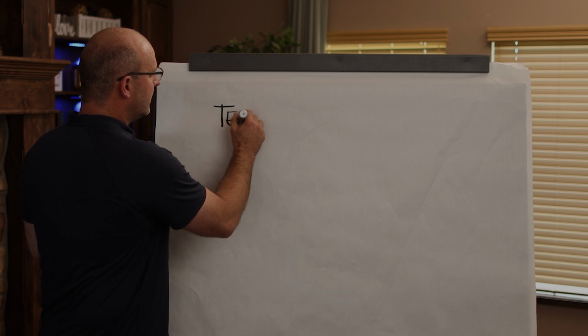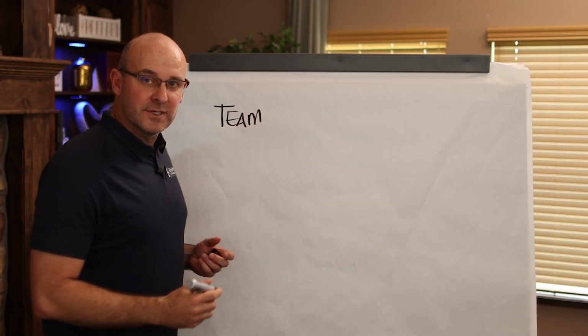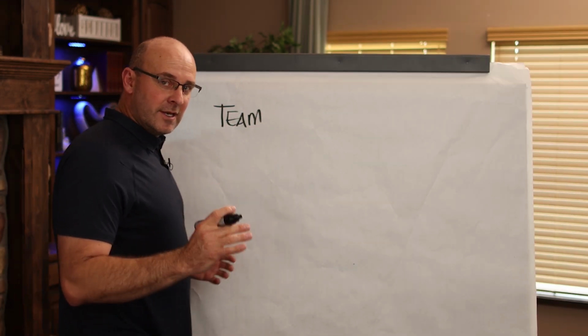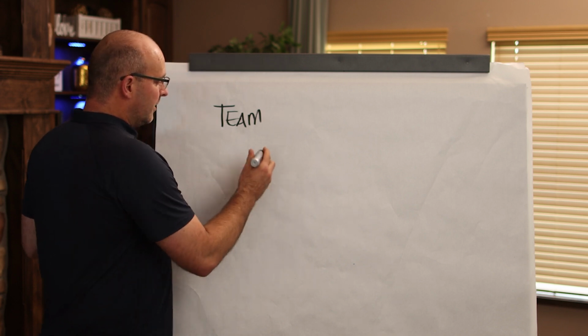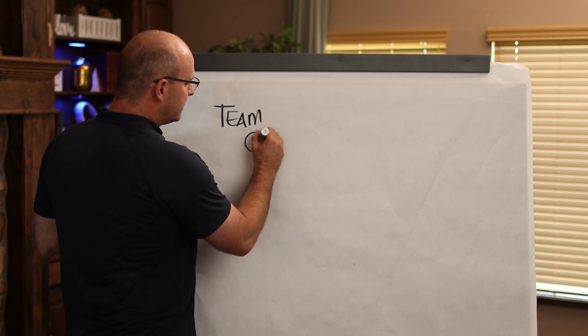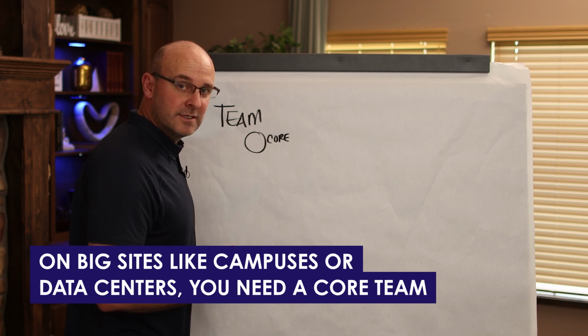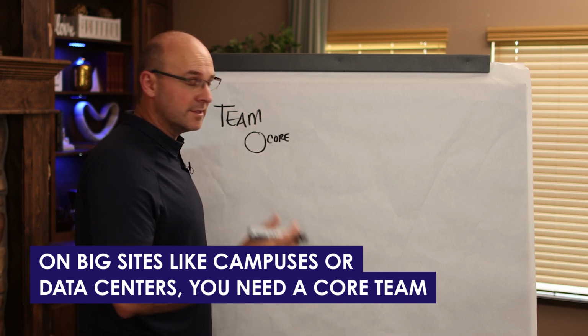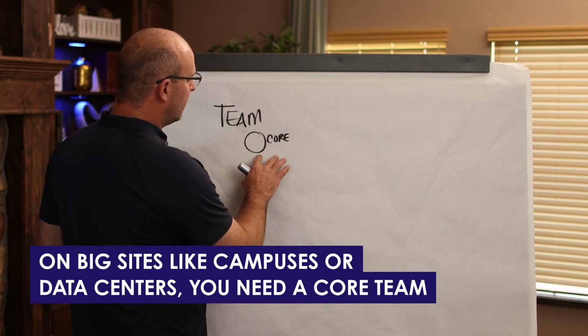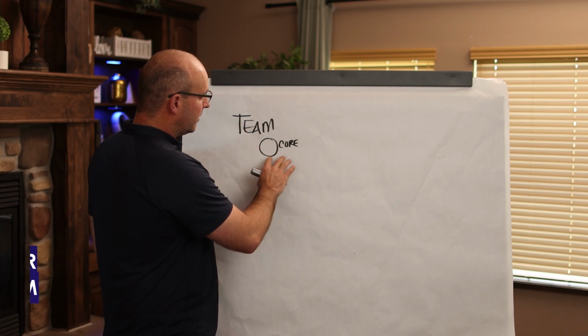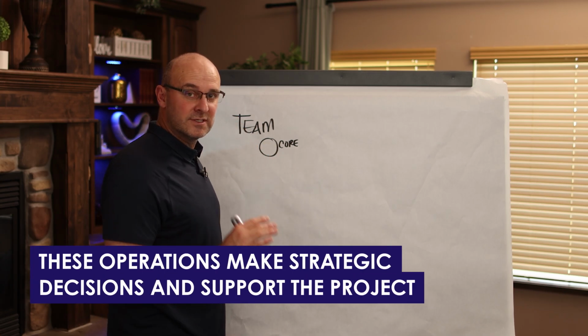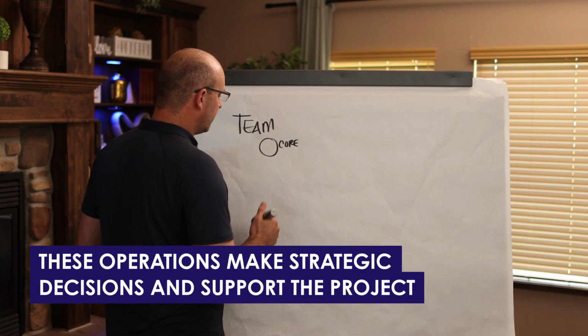And I know you're all thinking, hey, J Money, this is pretty simple stuff, but when I think about field operations, I think about a project site, and especially a mega project, like a campus or a data center, where you'll definitely have a core team, okay? These operations are here to make strategic decisions and enable the overall project site.